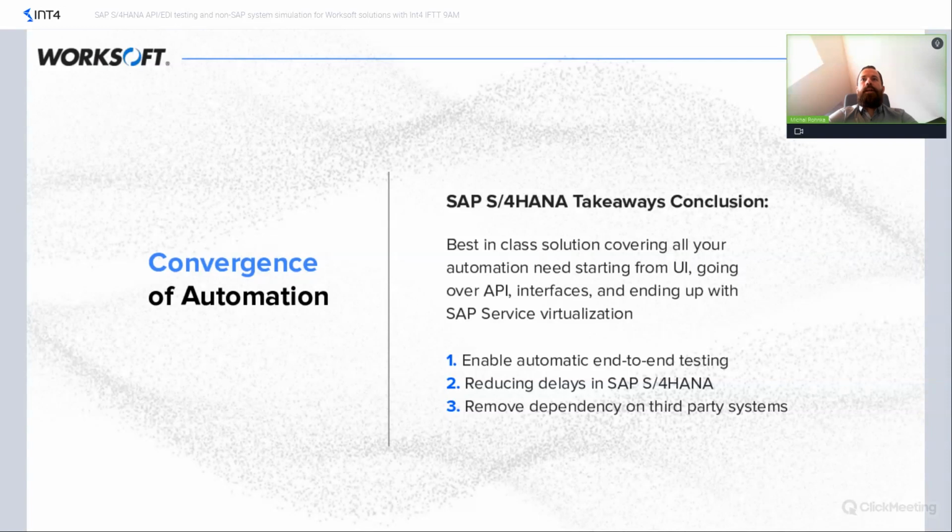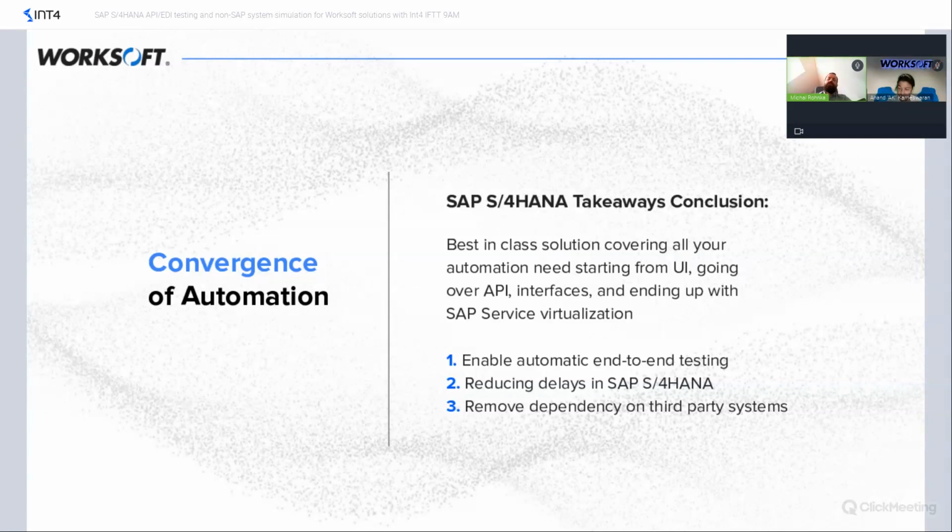So we got this, and we got the virtualization and API testing capabilities that Int4 IFTT is providing. And what is really important, and I would like to share here, is that because of this virtualization capability and API testing capability, you can really get the best out of the UI testing too.